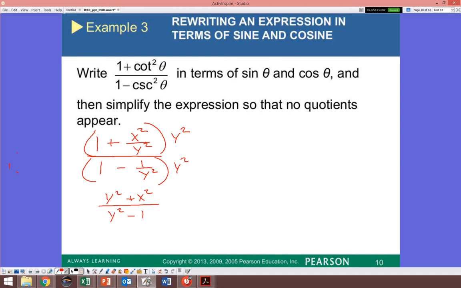Equals 1. Very good. There you go. Because my Pythagorean theorem is x squared plus y squared equals 1. And we're using identities, so I could replace all this on top with just 1. So that's now going to turn into 1 over y squared minus 1.